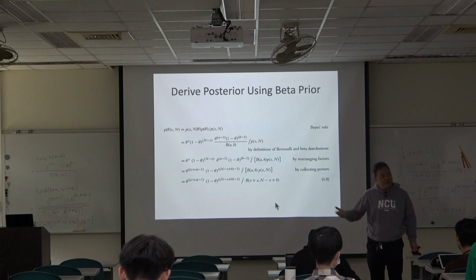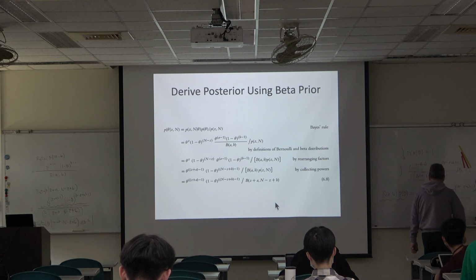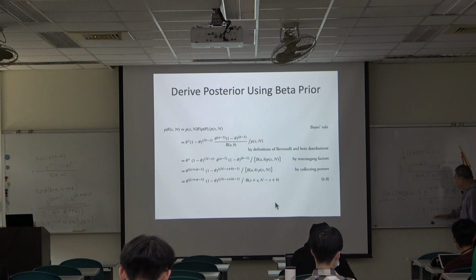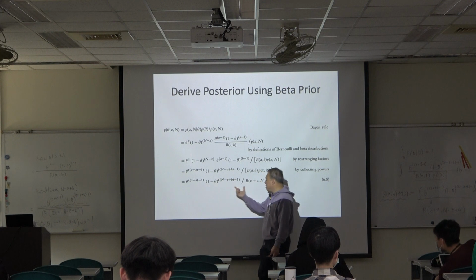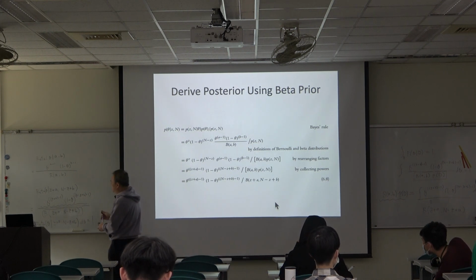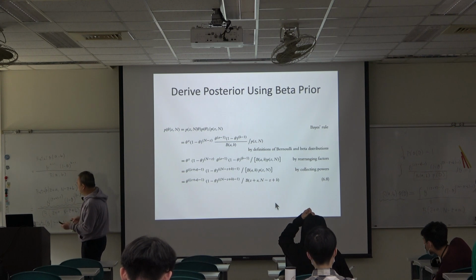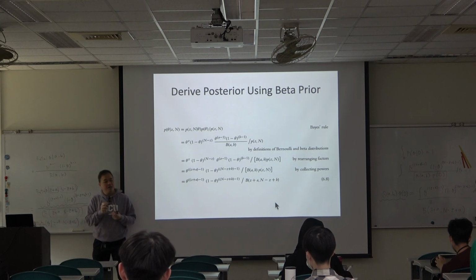Once we have these two, obviously the dots are connected, and these two terms are the same. In other words, this is a beta distribution with this one to be A and this one to be B, okay?